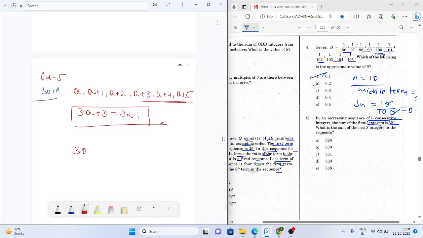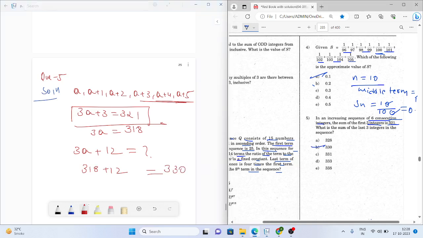It is 3a plus 12, right? So what is the value of 3a here? 3a is 318, and if I put 318 plus 12, you get 330. Did you get this question?